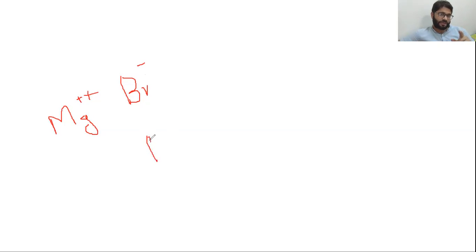If I take 2 bromide, 1 bromide carries 1 negative, so 2 bromide carry 2 negative, and they will cancel the effect of each other. So at the end, the chemical formula for this ionic compound will be MgBr2, 1 magnesium and 2 bromide.